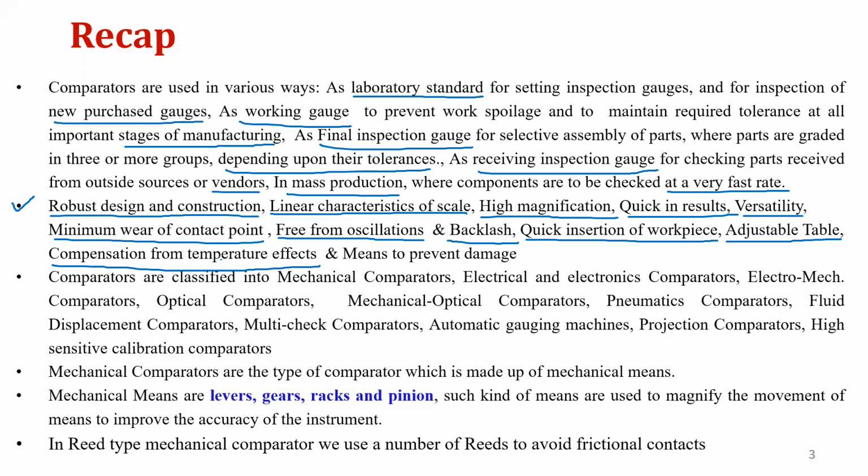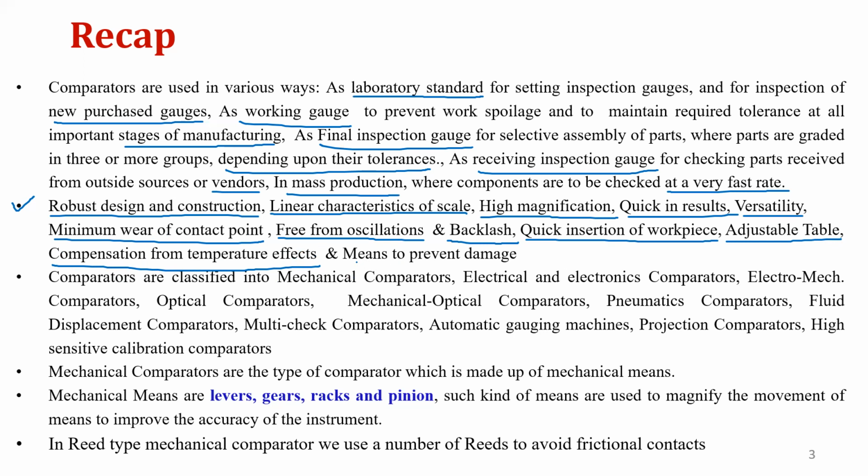The comparator can be used to check components at elevated temperatures and also at normal temperatures, and the measuring accuracy should not be affected by temperature.